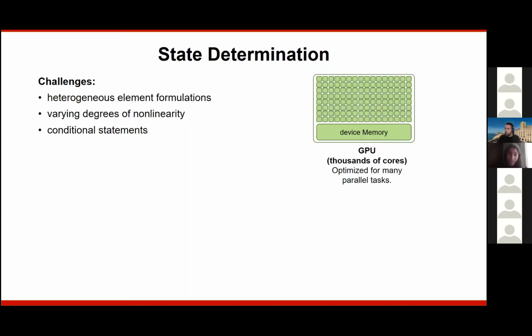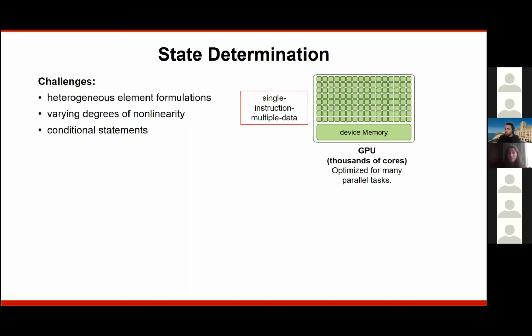Now, the issue with having this on GPUs is that it's really formulated for a single instruction, multiple data paradigm, which means that it's really good at performing the same task on a whole bunch of different cores. It's not necessarily good at doing different instructions like you would see with the CPU. And so the fact that we have different element formulations means that we have to rethink how to have this on the GPU.